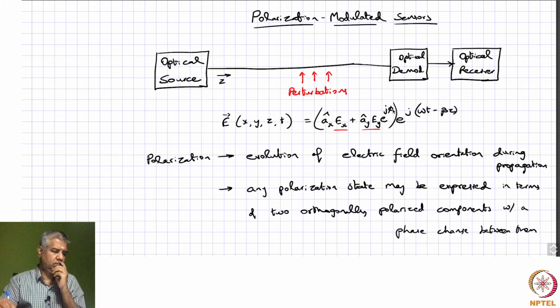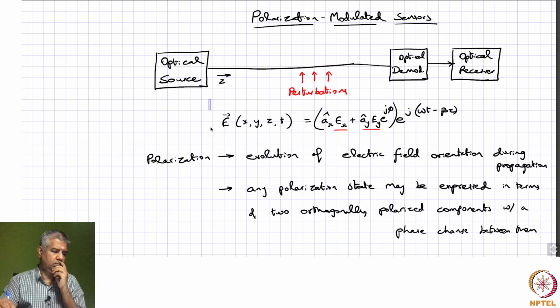Now, to look at the actual polarization of this, you want to look at the wave as it's coming towards you. So you define x and y, and let's say z is the direction coming towards you. So this has got to be x and this has got to be y.